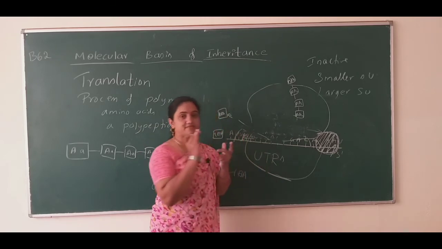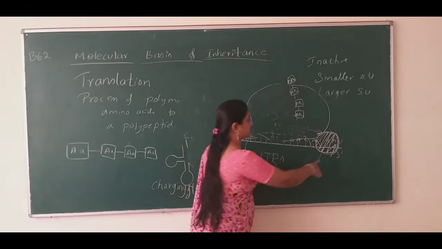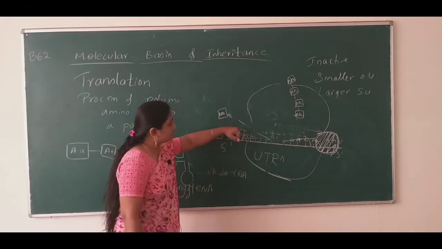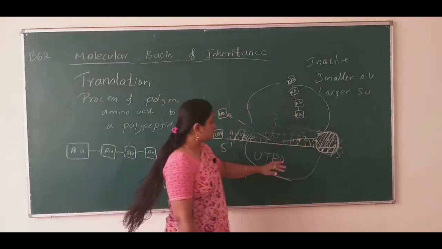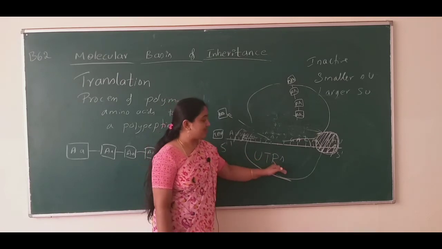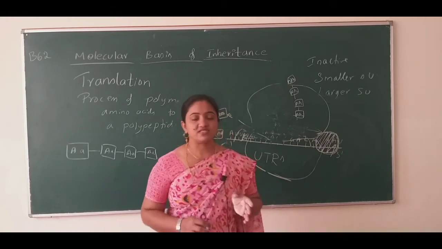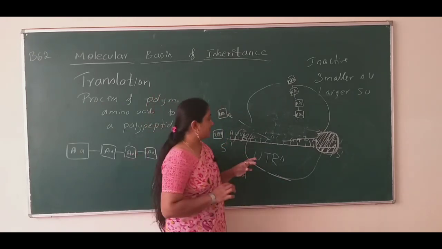Consider this is the 5' end and 3' end. Before the starting codon and after the stop codon, the UTRs will be present. Untranslated region means the protein translation does not occur there.